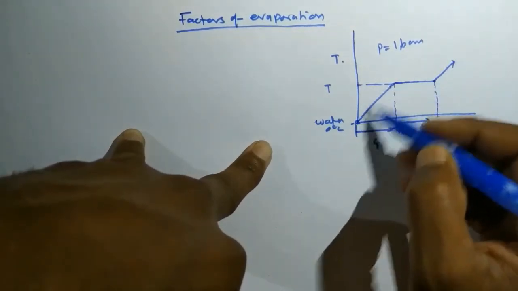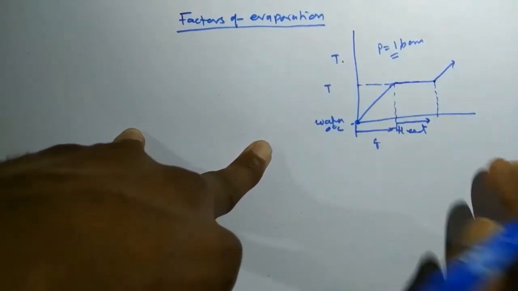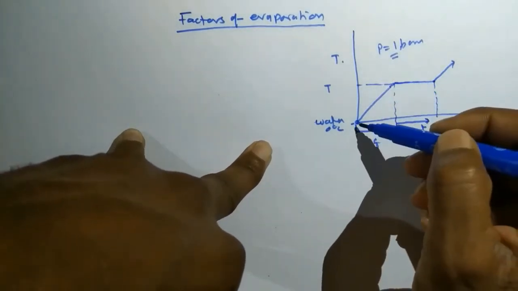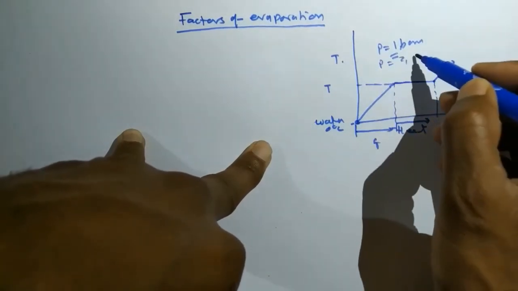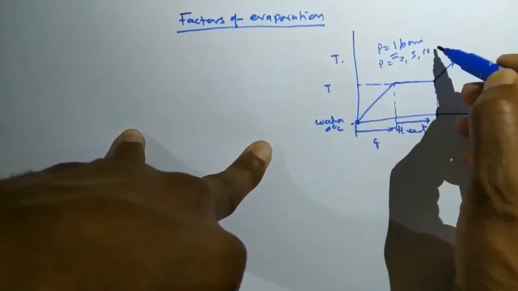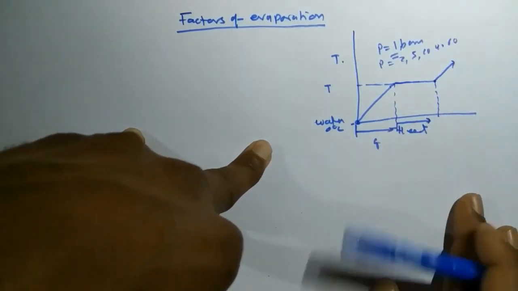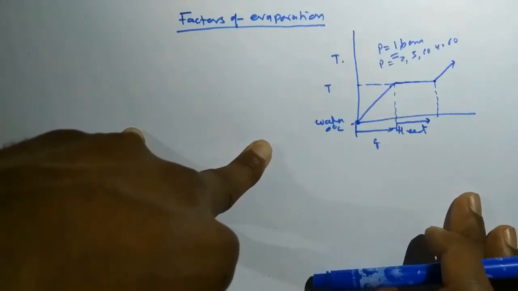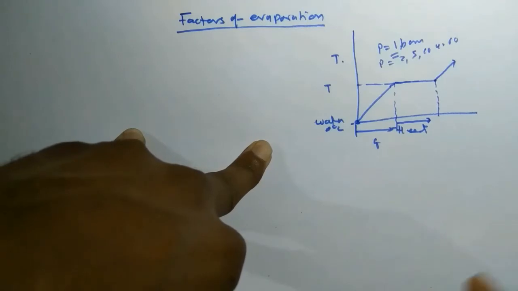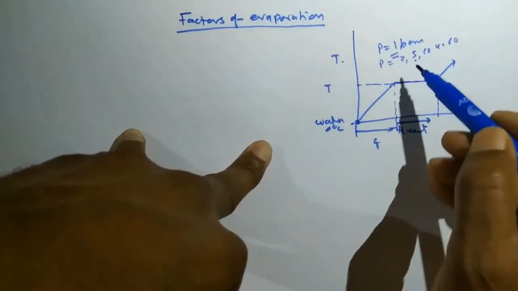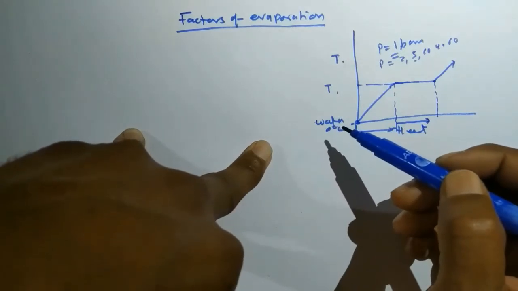This graph is for 1 bar, but it follows a similar pattern when pressure is 2 bar, 5 bar, 10 bar, 40 bar, 60 bar. This pattern will be the same. But changes will occur as the pressure and temperature are both changed.